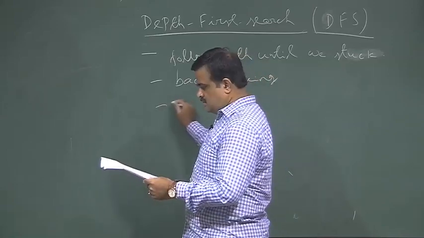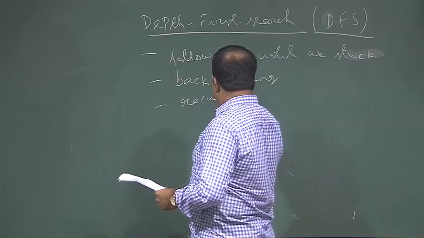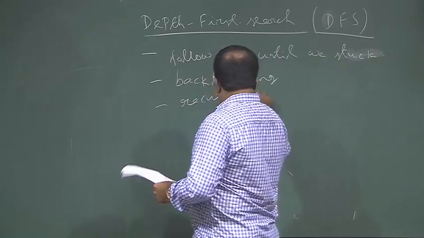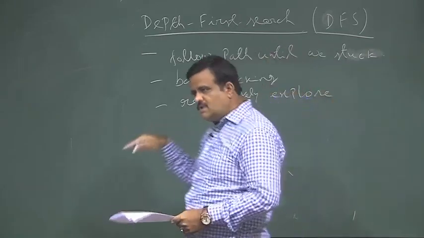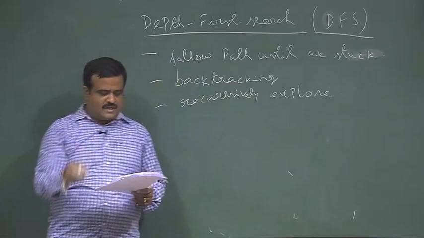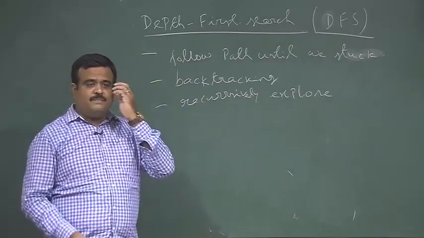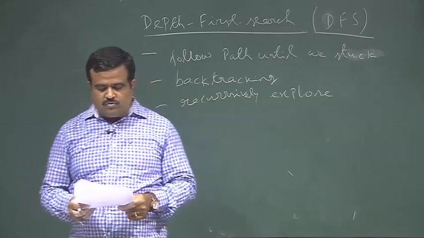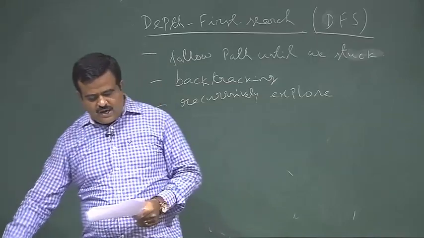This is a recursive call. Recursively we explore the graph, because when we get stuck again, we will come back there and choose another path there. But we have to be careful that there should not be any repetition, there should not be any duplicate of a vertex. So if a vertex is marked, then it should be done.